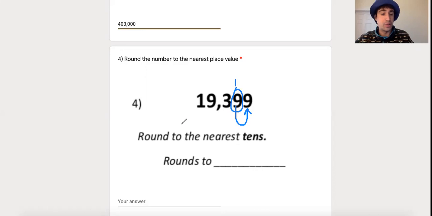before the circle digit stays the same. I have a 1 in the 10,000s, a 9 in the thousands, a 3 in the hundreds, and now I have to add a 1 to my 9 and make it 10. 10 tens? That's impossible. So I need to regroup, and I can't write a 10 here.